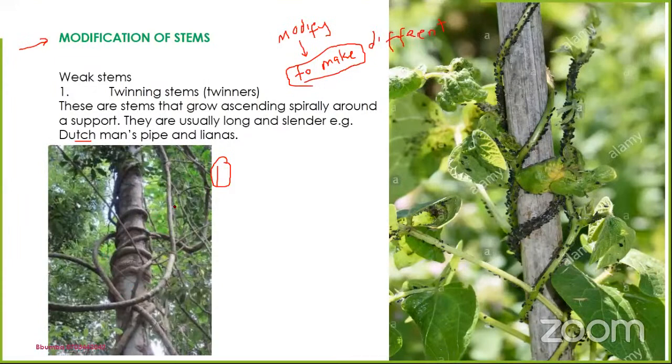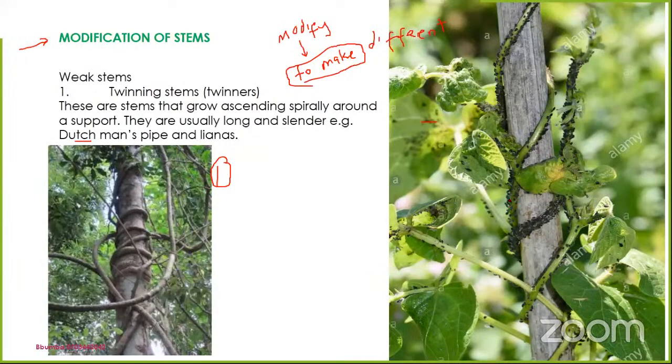Even monkeys like swinging on them. They are kind of strong, but they normally twine around huge tree trunks. Now, this one is not for the Dutchman's pipe. This is for the pea plant.